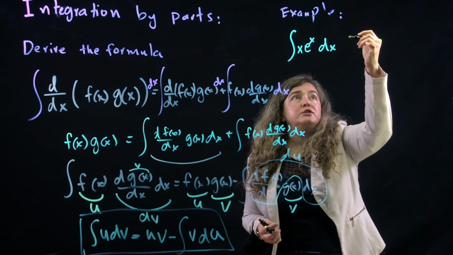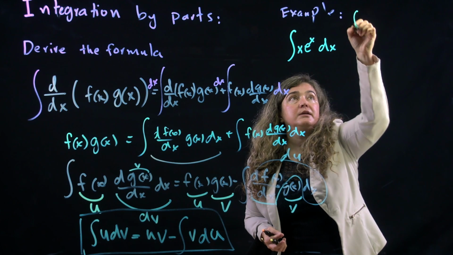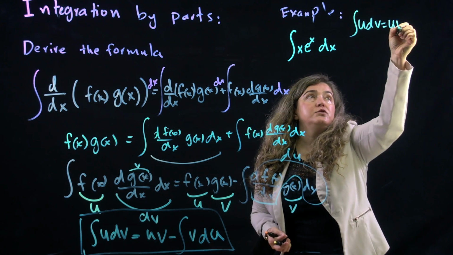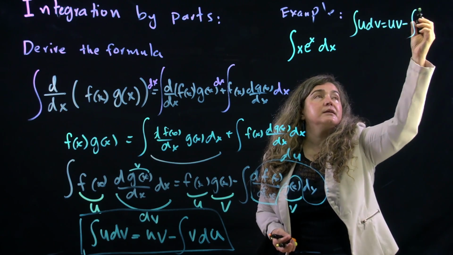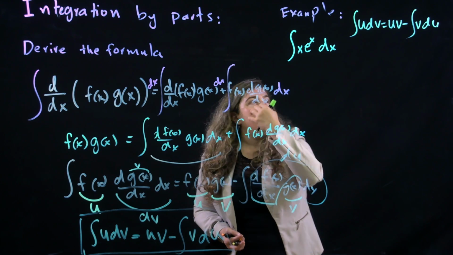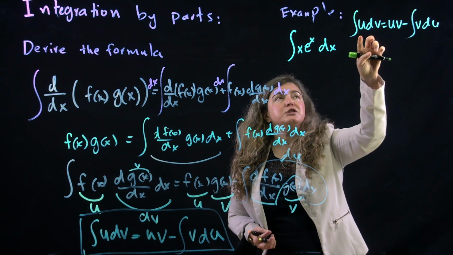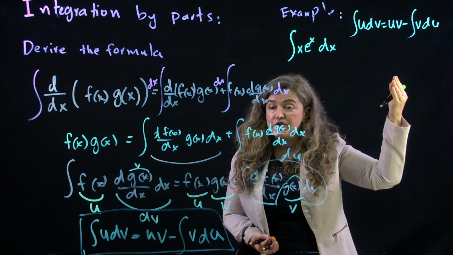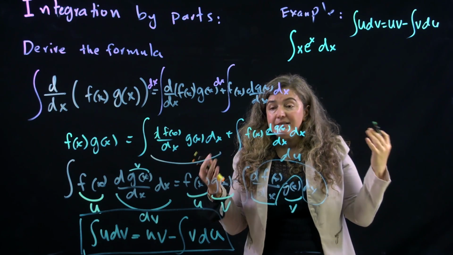What I'm trying to do is to use this formula: integral of u dv is equal to uv minus the integral of v du. So let's choose one function to be u and the other function with dx to be dv and see where we're going with that.